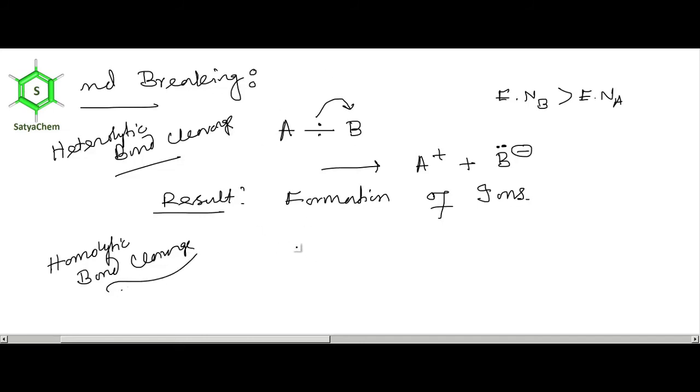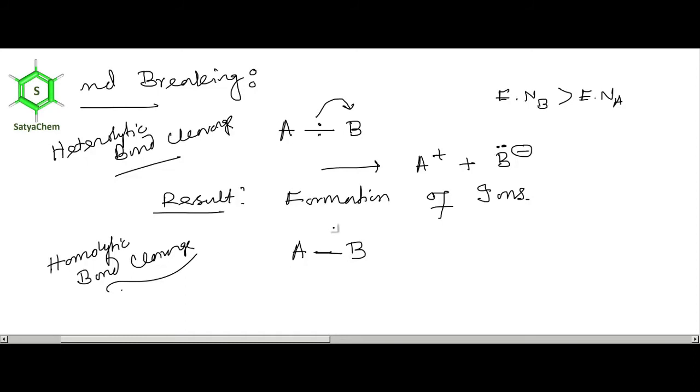Again suppose A is bonded to B, and suppose the bond is not so polar. In the previous case I mentioned that the electronegativity of B is higher than that of A, so there is some difference. But suppose the electronegativities of B and A are very similar.